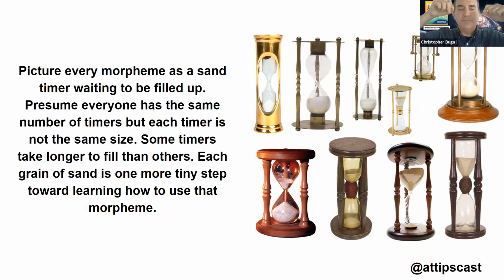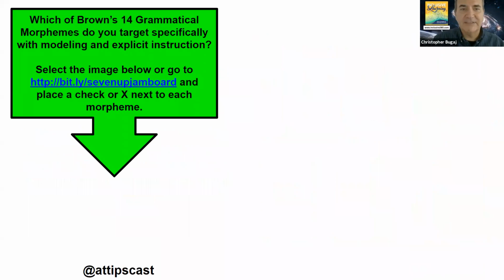Every time it's modeled, it's like putting a little drop or a little grain of sand in the sand timer, or a little drop of water in that bucket, and it fills up, and eventually when it spills over the top, or the sand timer turns over because it's filled up so much, then it comes out expressively. Then they start to use it expressively. That might be an analogy we might use to help somebody that doesn't really understand AAC, or doesn't really understand morphemes, or how that all comes about, is that we keep putting drops in buckets, or little grains of sand, right?